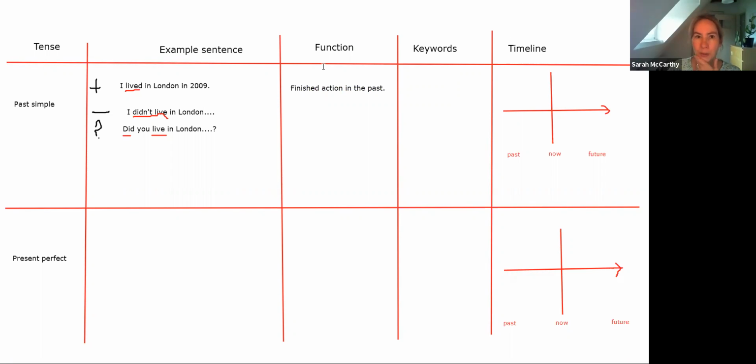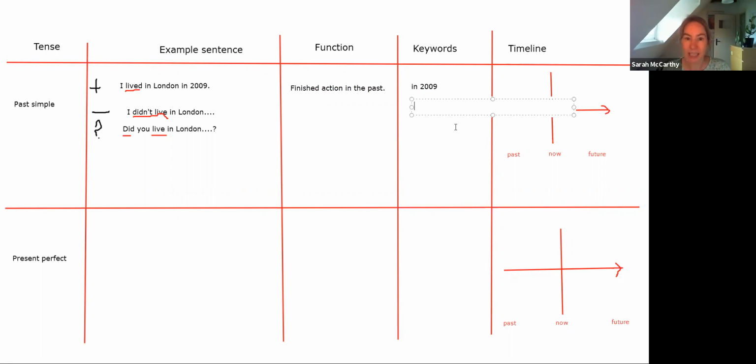And what would help you here again with this tense in an exam situation is keywords. So here we have in 2009. In 2009, it's a keyword. If you see something like that and you think, oh, I need to use the past simple.